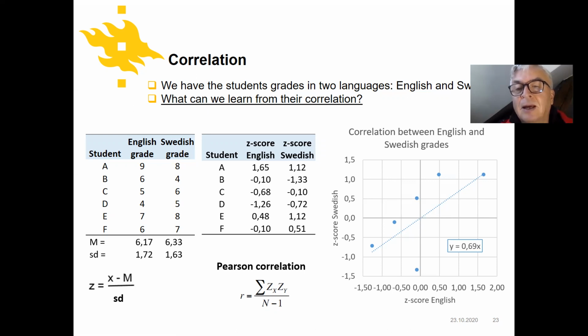This line always cuts the origo, or 0, 0. When x is 0, y is 0 as well. And there you have it in practice. So 1 standard deviation forward is 0.69 steps upwards. That would be how the angle of this line can be explained.